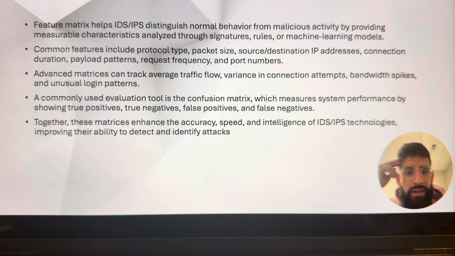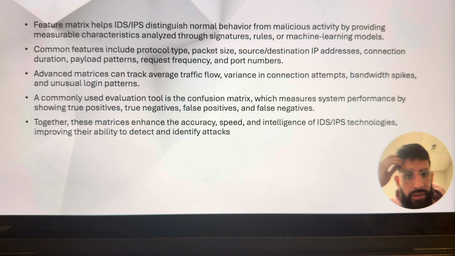Advanced metrics can track average traffic flow, variance in connection attempts, bandwidth spikes, and unusual login patterns. A commonly used evaluation tool is the confusion matrix, which provides a table showing true positive, true negative, false positive, and false negative.